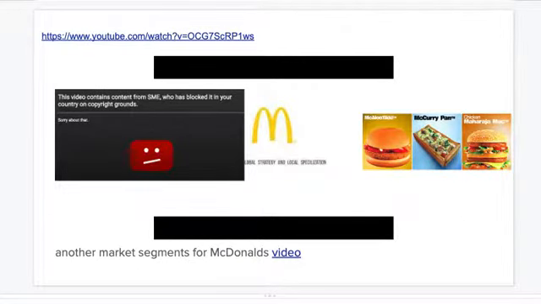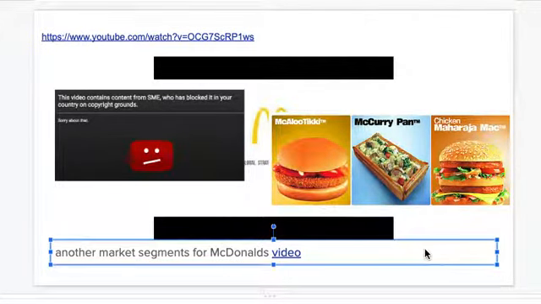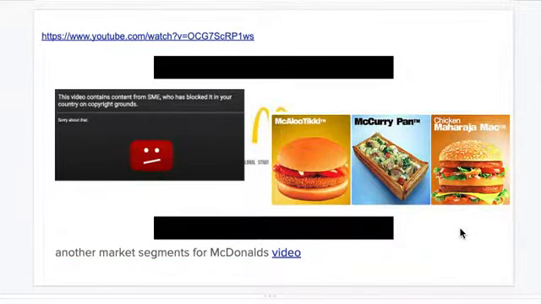McDonald's does the same type of thing. There's a really good video, but unfortunately, you don't have the link to it, and it's blocked in this country. But what the video talks about is how McDonald's does a really good job at looking at the different segments and creating these new products that are for different segments in the market. So this is an Indian advertising, right?